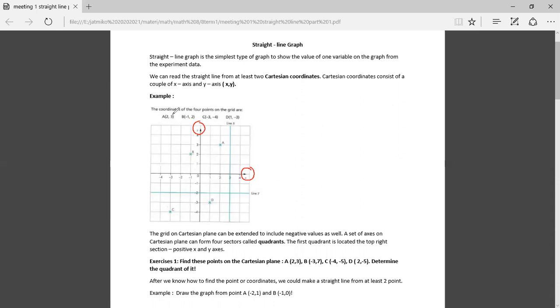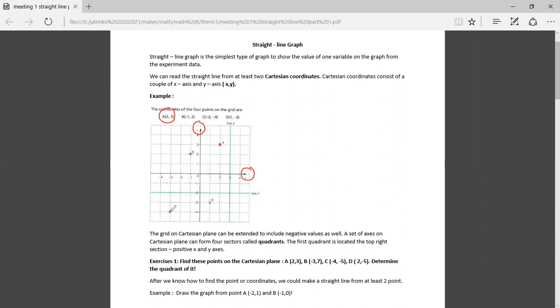Let's say here we have point A, (2, 3). So we go 2 on the x-axis and then 3 on the y-axis. Then we find here A. And then for B, (-1, 2). So negative, we move to the left. So here we have B. And then C, (-3, -4).